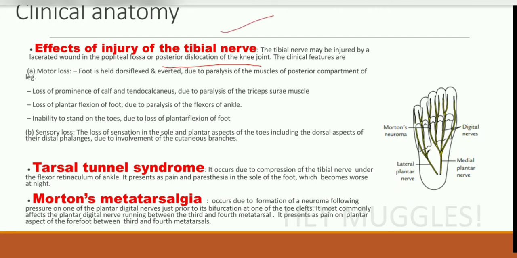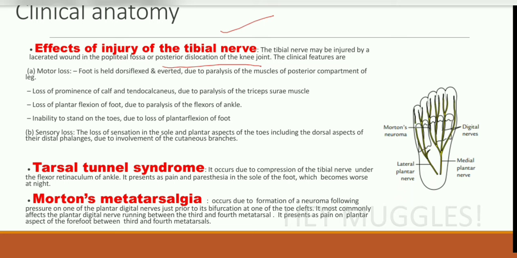As we studied the course of your tibial nerve, the sciatic nerve terminates into the tibial and common peroneal nerve just above your popliteal fossa, right? So in the popliteal fossa, the tibial nerve is basically arising. So here it is very prone to injury, right?